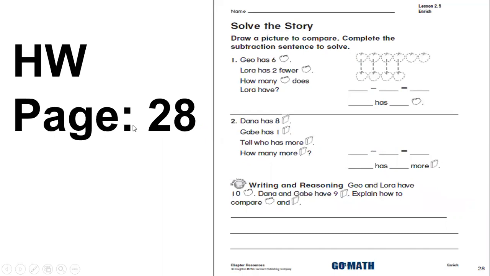Now everyone, page 28, mark this as homework. Right on top of the page here, HW. This will be the homework page. So HW and write today's date 4/11/2020. This is the homework page, page 28.